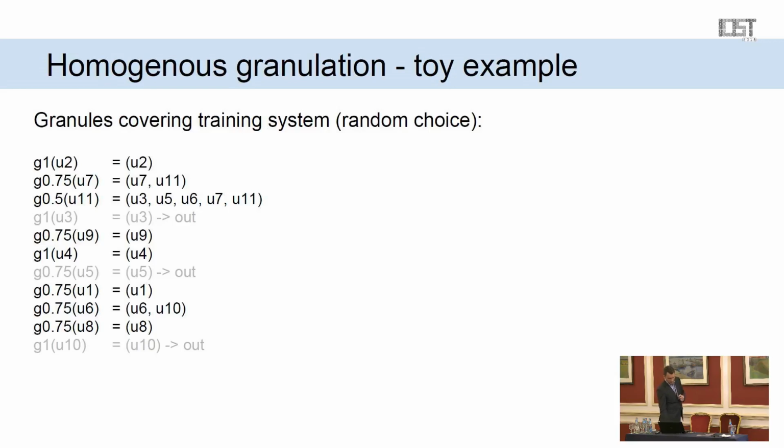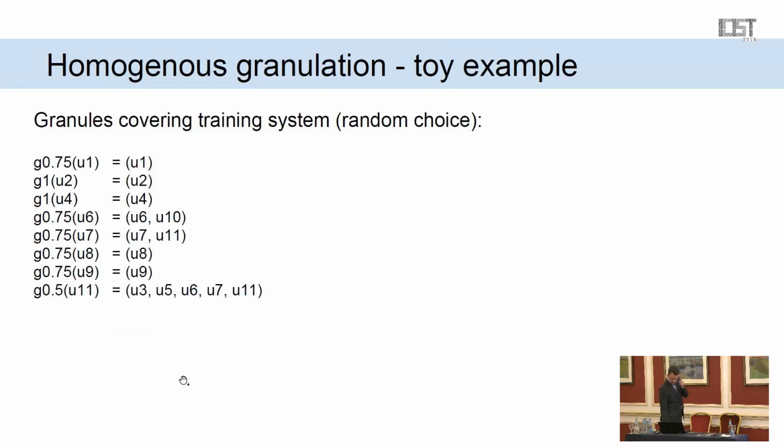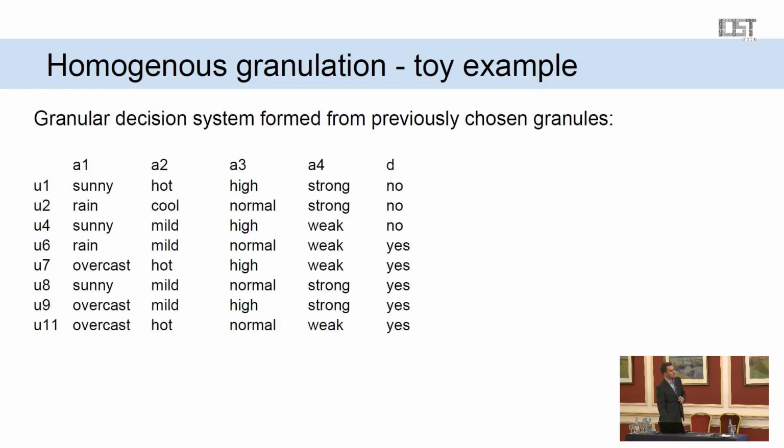So the granule already contains object 3, so we are not picking it up. The same with object number 5, and then we are reducing the number of attributes of objects in our data set. So our final granular reflection data set looks like this, and in terms of rough inclusions, the internal knowledge is preserved.